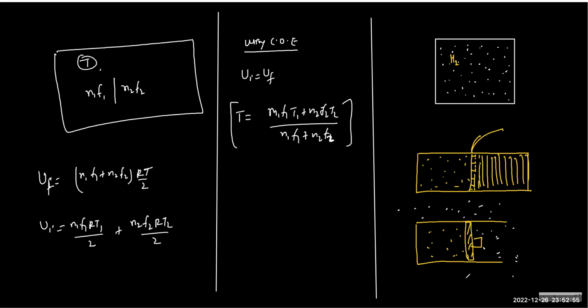Yes, sir. So to move the piston, I need to shrink the atmosphere, isn't it? Yes, sir. Now to compress the atmosphere, I need to perform some work. It is like you're deforming someone else's system. To perform this deformation task, you have to work against the pressure of the atmosphere, right?